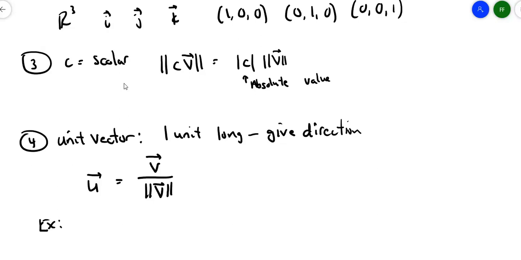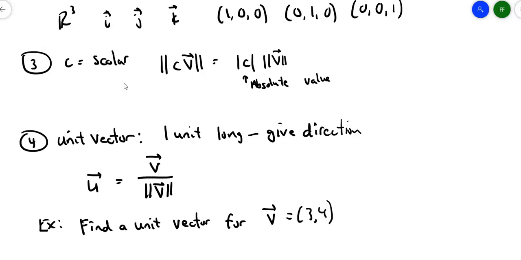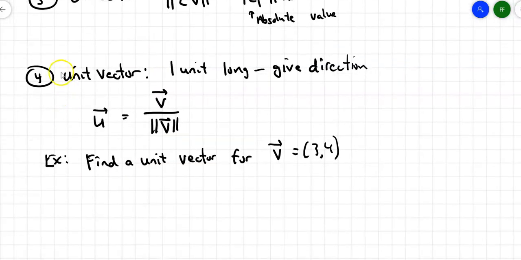So, for example, let's find a unit vector for the vector v equals (3, 4). Well, the first thing I need to do in order to find the unit vector is I need to find the magnitude of the vector.